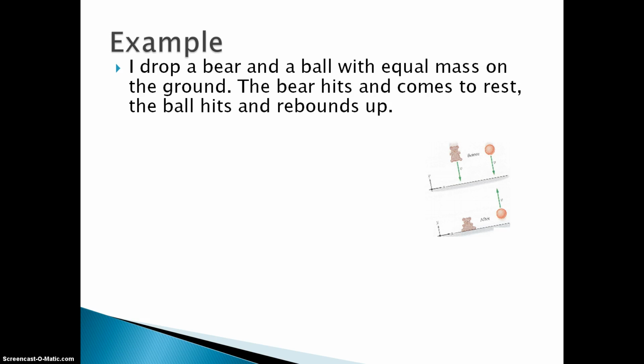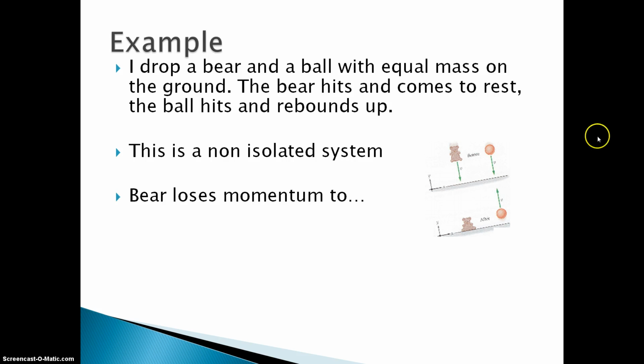By the way, there's actually physics on why they sound different, which is kind of awesome. Here's a weird picture. I tried copy and pasting, but it's at an angle, so just crick your head. The bear hits and stops. The ball bounces back up, probably not at the same speed, but definitely bounces up. We're going to see this as a non-isolated system. Why?